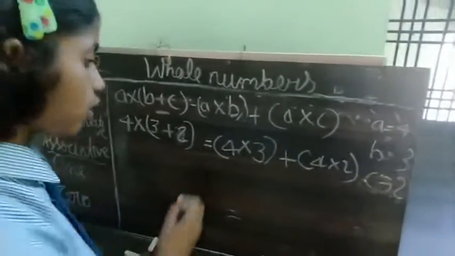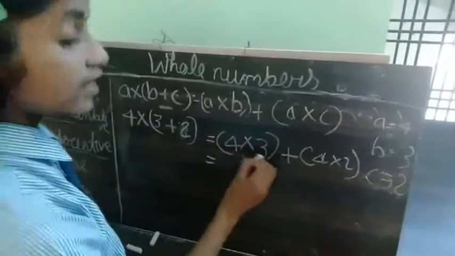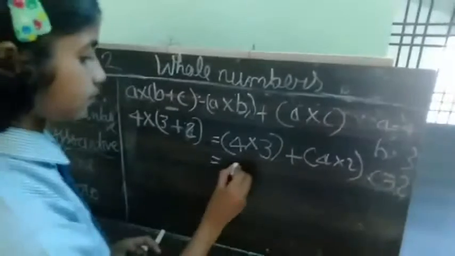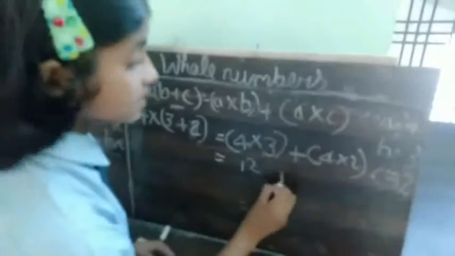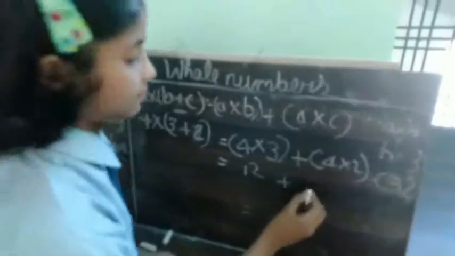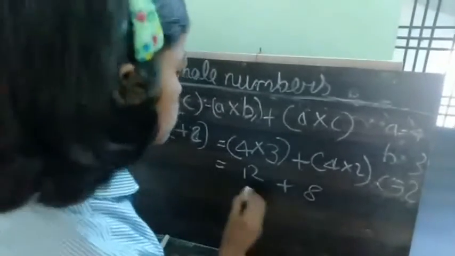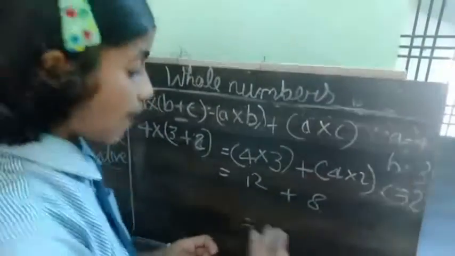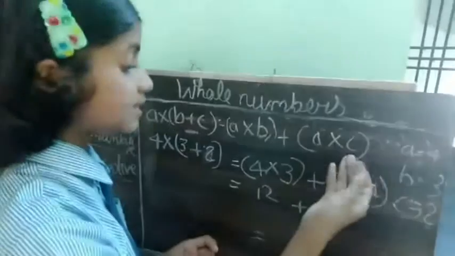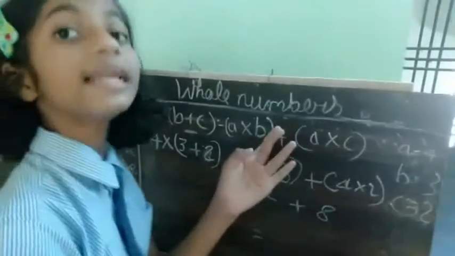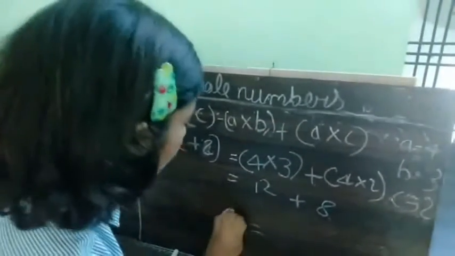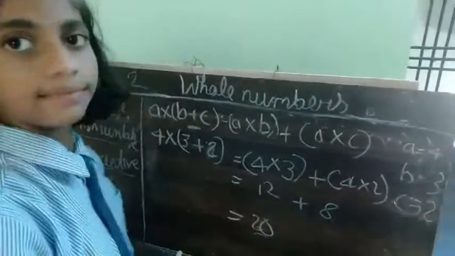Now we will solve it. 4 threes are 12, plus 8. 12, 13, 14, 15, 16, 17, 18, 19 and 20. So the answer is 20.